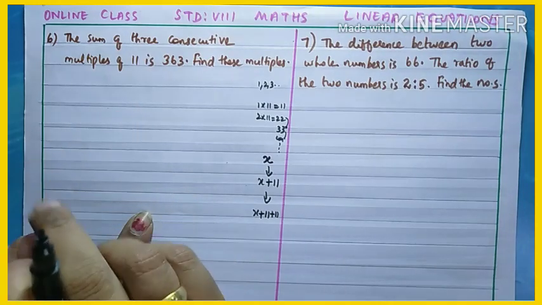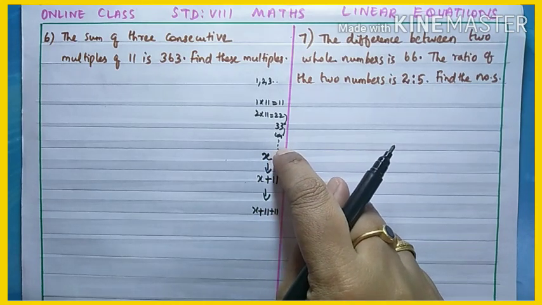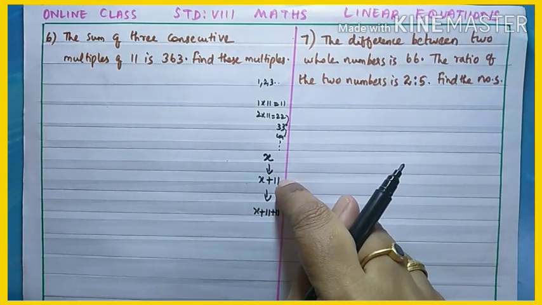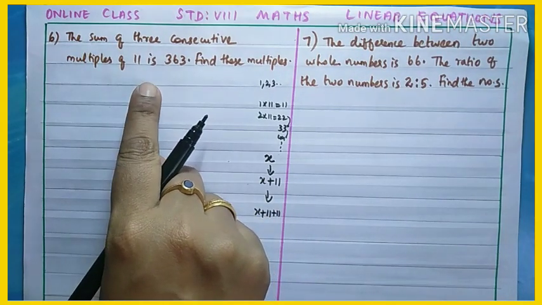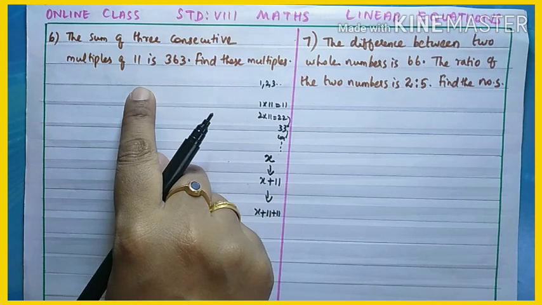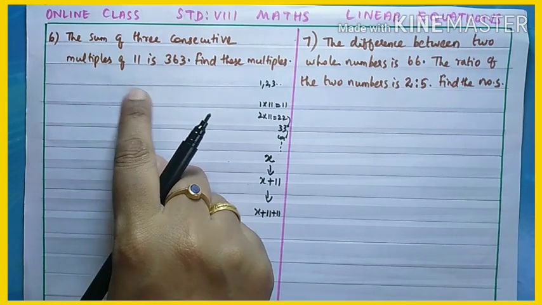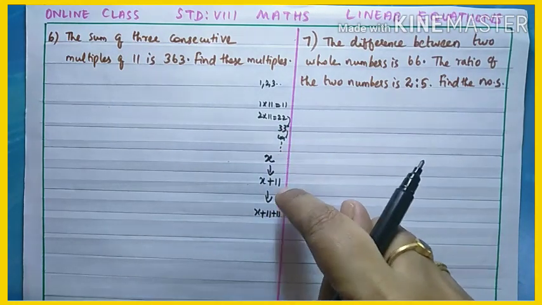Okay, so 3 multiples are there. First multiple we are taking x. Second multiple I am going to add 11. Why are we adding 11 here? Because these are multiples of 11. If it is a multiple of 8 you want to add 8. If it is a multiple of 5 you want to add 5. So here, multiple of 11, so I am adding 11.